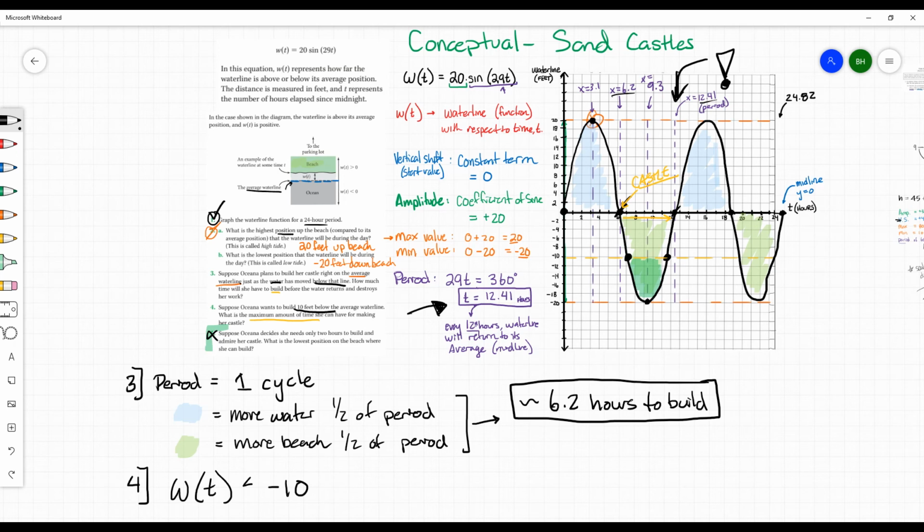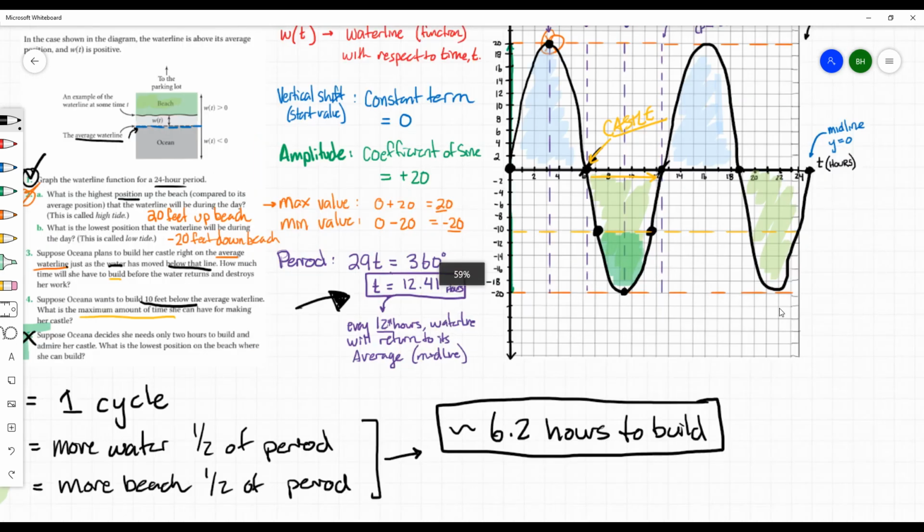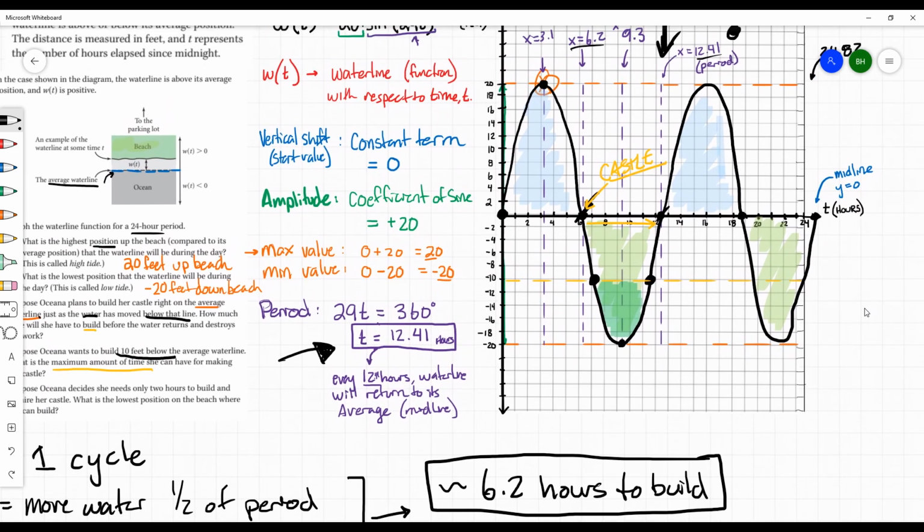So we need to figure out where this time is going to give us these values. Instead of going through and solving it, we need to discover what tools we need in order to get to that point. For this problem, we're just going to look at the graph, and I'm not going to use the word guesstimate, but using the graph in essence to read what these values could possibly be.